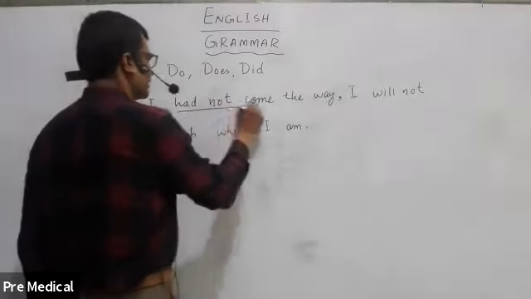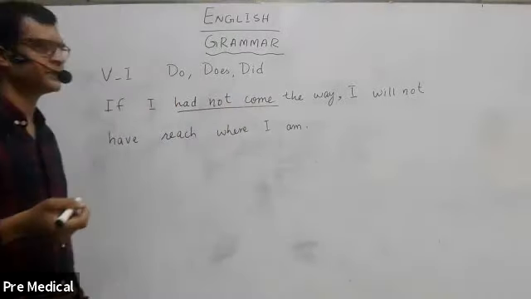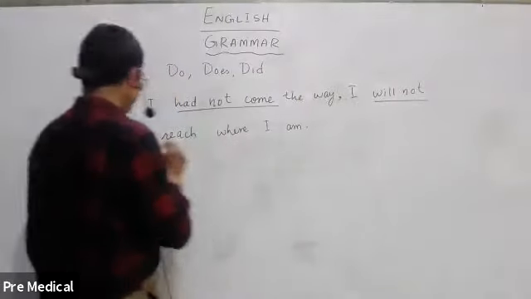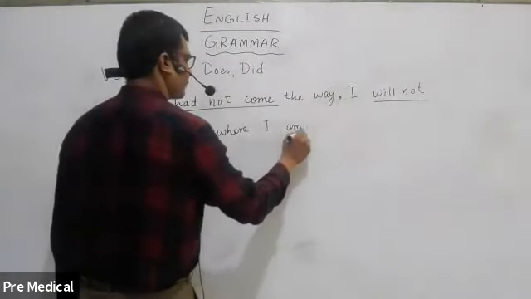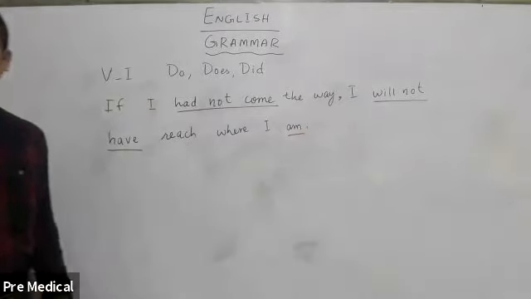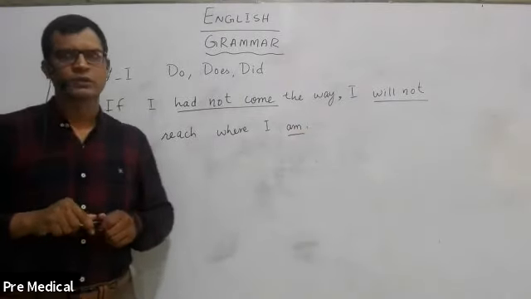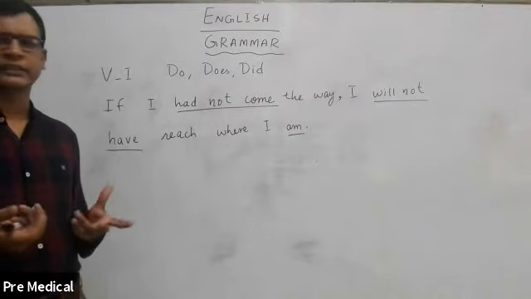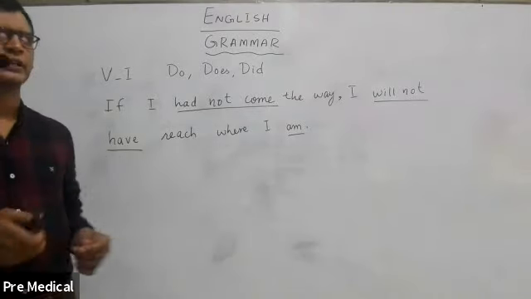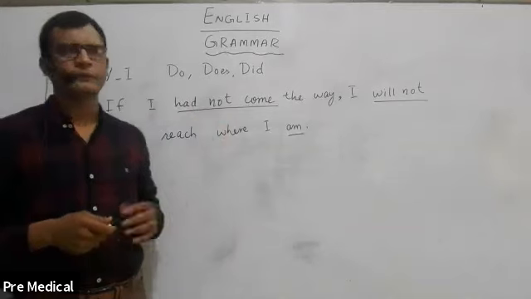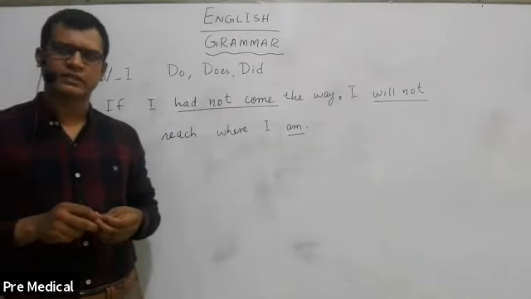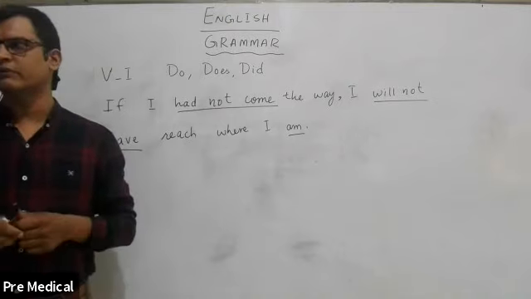We see this is one of the forms of verb that we have. The other is this one, and then this one. These are three different forms of verb that we have used. Now, which one is what? That we need to first of all find out. Had not come, this is basically past perfect tense. And how is it past perfect tense?